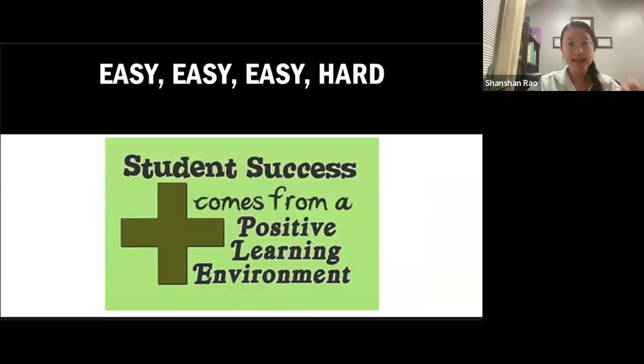And using easy-hard strategies is also very effective. This is how we set our student up for success. In Chinese, we would say 全是套路, right? You set him up for success. Easy first. You build up that behavior momentum. You build up that confidence, right? Because students don't like to make mistakes, and we don't like to make mistakes too.